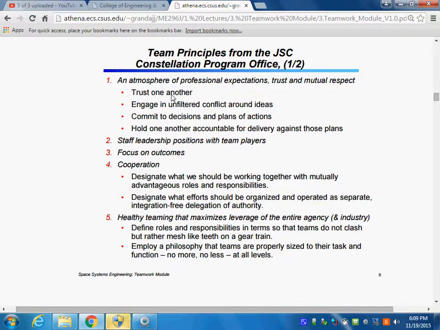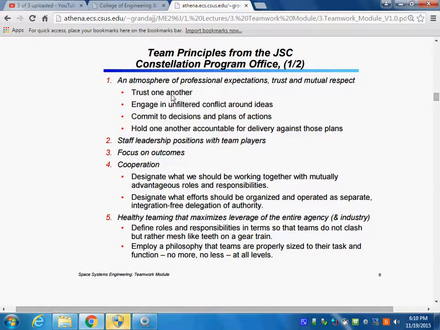I think this one is a really personal one, because if you trust one another, it means that you are not doing the same thing. Your part of the project may depend on what the other one is doing, and vice versa. So that's why the idea of working as a system actually works.